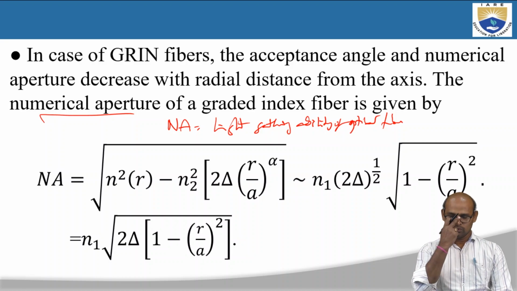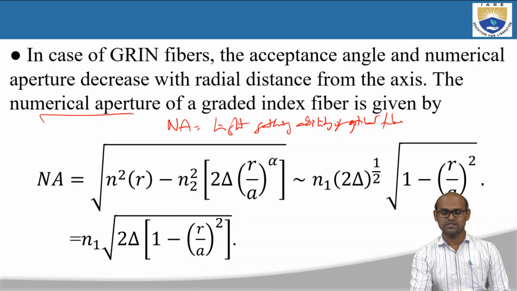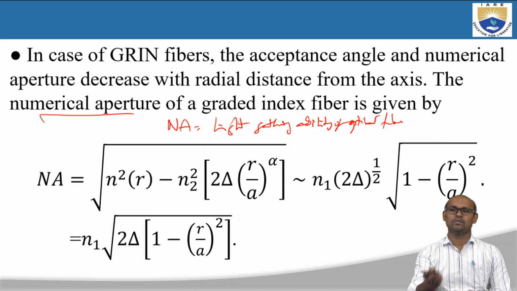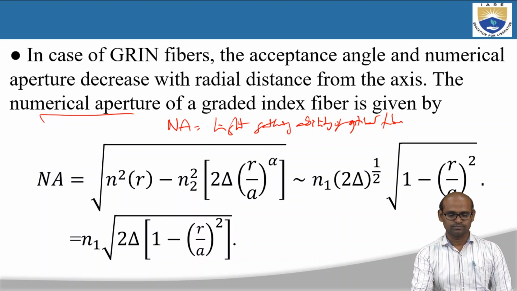Right? So for these graded index fibers, we found that they are useful in applications, because in graded index multimode fibers, the lower order modes and higher order modes are going to reach the output end at the same time.